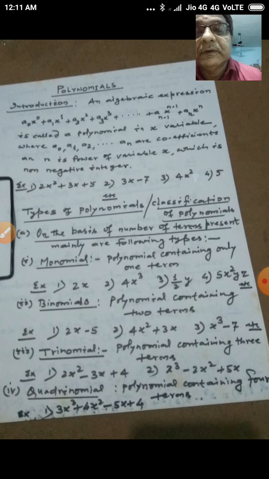So try to understand that you are taking the example of either one term, two terms, three terms, four terms. However many terms you take, in those terms the coefficients are non-zero, and the remaining terms all have coefficient 0.